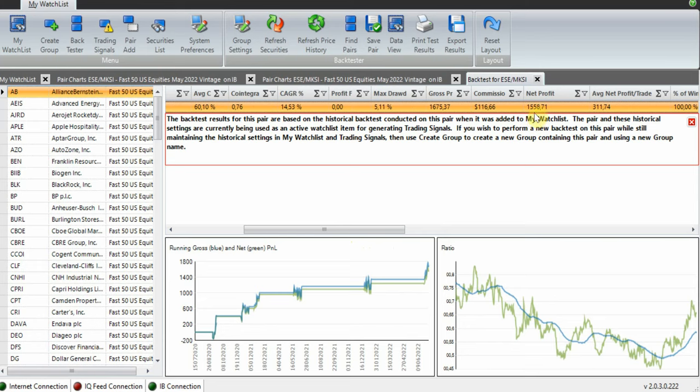And it's not only the fact that the net profit is more than 1,500. It's basically the fact that the net profit per trade is about 250. It is 311. That is a very good number for a 5,000 leg. And maybe finally, the average days in trade, it is 70.2, slightly high.